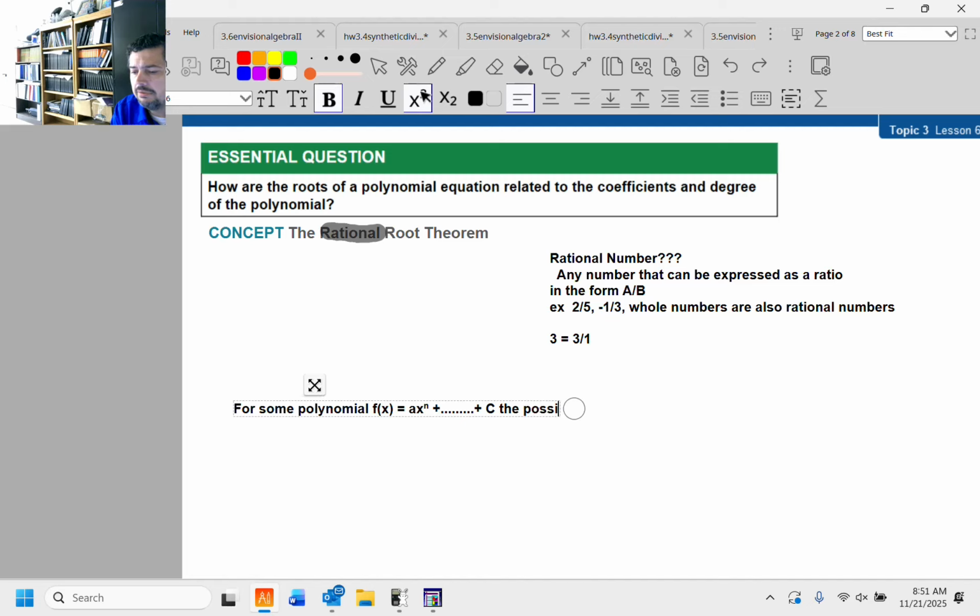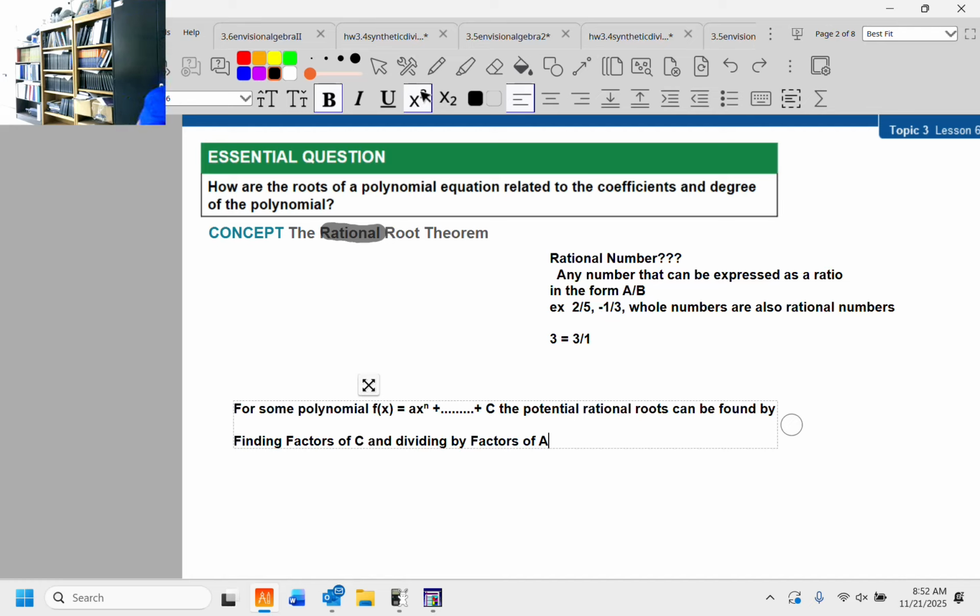The possible, or let me say potential, rational zeros or rational roots can be found by finding factors of c and dividing by factors of a.